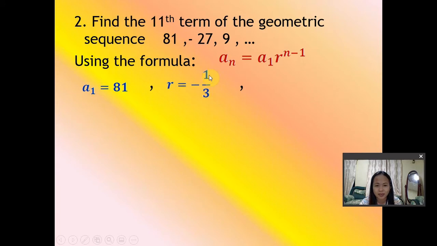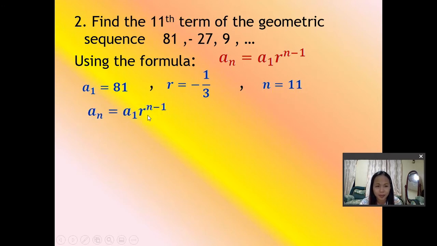How did we get negative 1/3? That is 9 divided by negative 27, so that is negative 9 over 27. Expressed in lowest terms, that is negative 1/3. And our n is equal to 11, since we are looking for the 11th term.